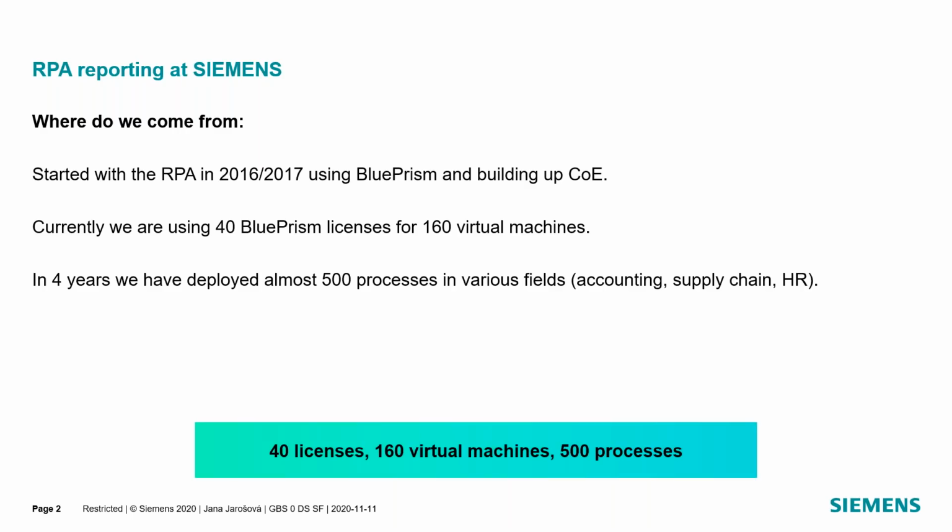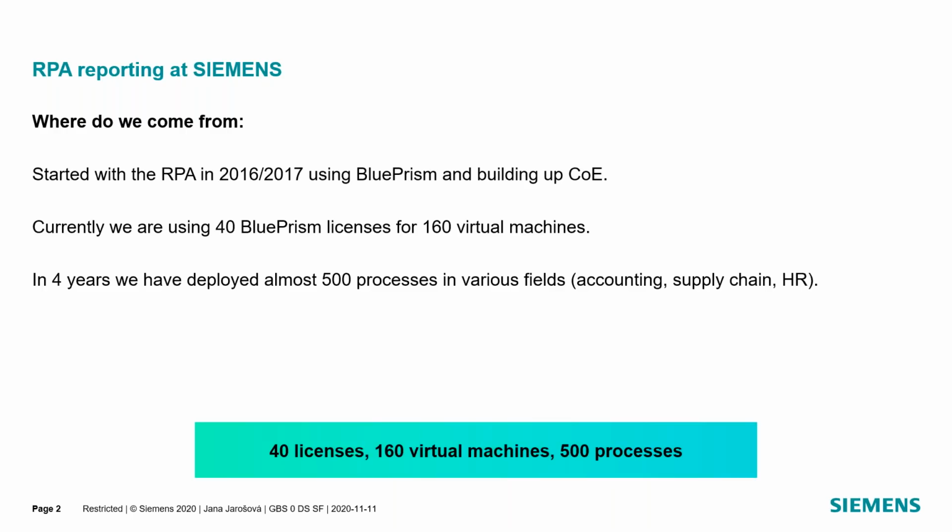But as I said, we have 3 locations and several satellites, which are like small development locations in Turkey, Spain, Slovakia. So that's why it's a little bit bigger than presented by colleagues. In the 4 years, we developed almost 500 processes.